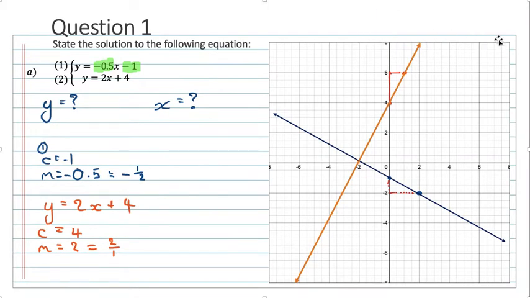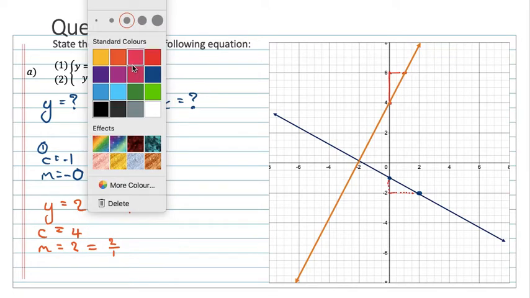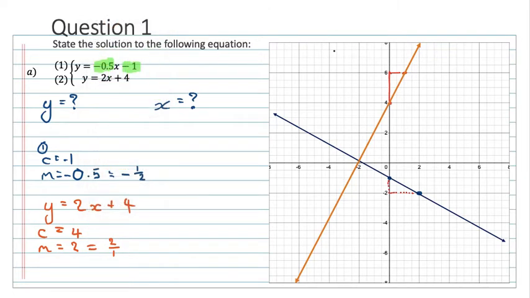there we go. What we find is that the point at which these two lines intersect is the solution to these equations. Now my lines aren't entirely accurate, but if your lines were accurate, you would find that the solution to these two lines is this point here.